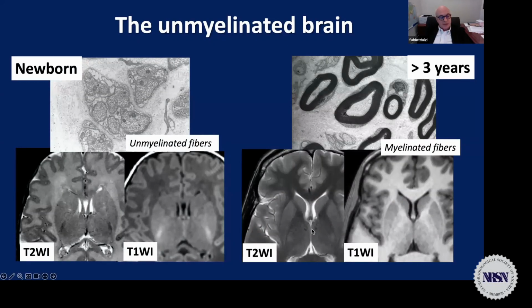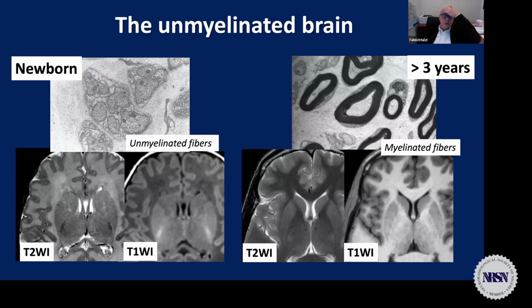White matter is completely hyperintense on T2 weighted image and hypointense on T1 weighted image, so they are completely different from the adult brain, in which white matter is typically hypointense on T2 weighted image and hyperintense on T1 weighted image.